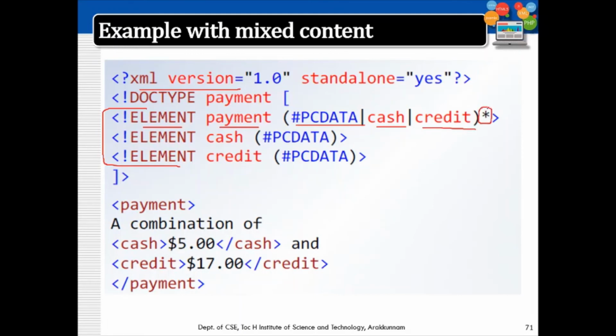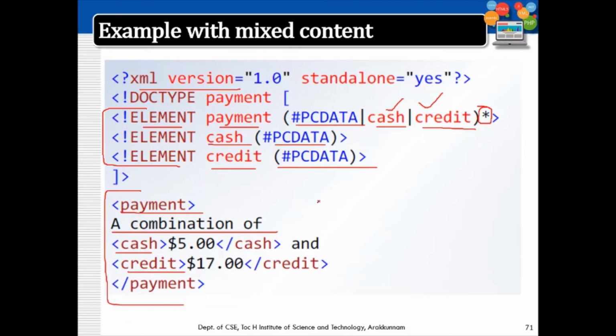And this can repeat 0 to n occurrences. Then cash and credit are node names: cash #PCDATA and credit #PCDATA. So this is a sample XML for that. A payment can contain just data, or a combination of data within this payment tag, and it can contain two other sub tags too. So this is an example of using mixed content.